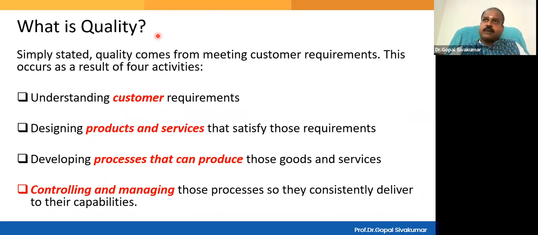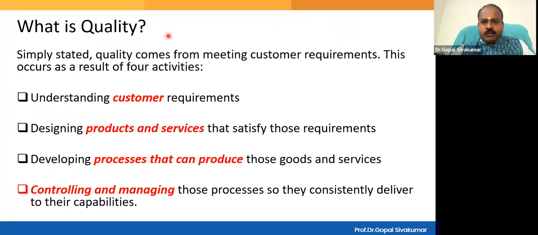Whether you are a product developer or you are taking care of the operations in your company, you should be able to perform well in all the 4 activities. So ultimately, quality boils down to process control and process improvement. Hope all of you can recognize that.